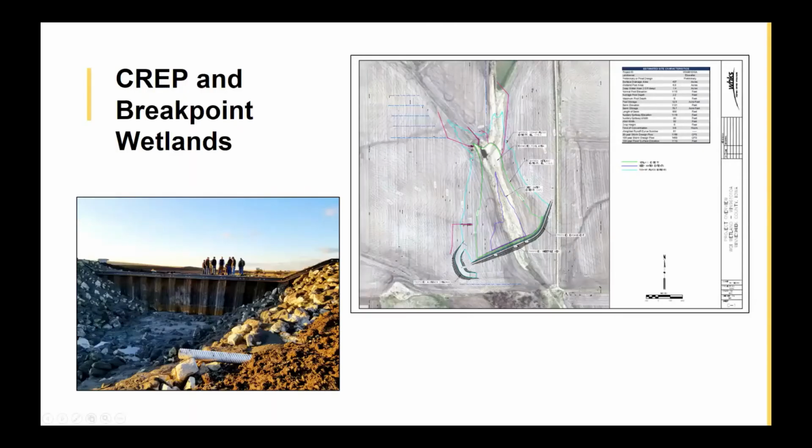So one of the things that I was hoping to talk about, with these conservation reserve enhancement programs, really when we're talking about that, we're talking specifically about a program. What these types of wetlands are called, we call them breakpoint wetlands.